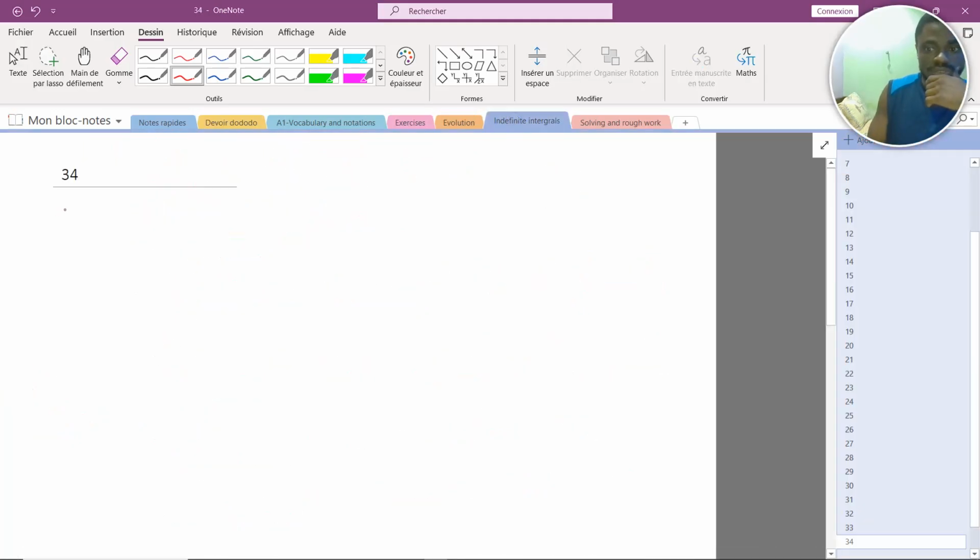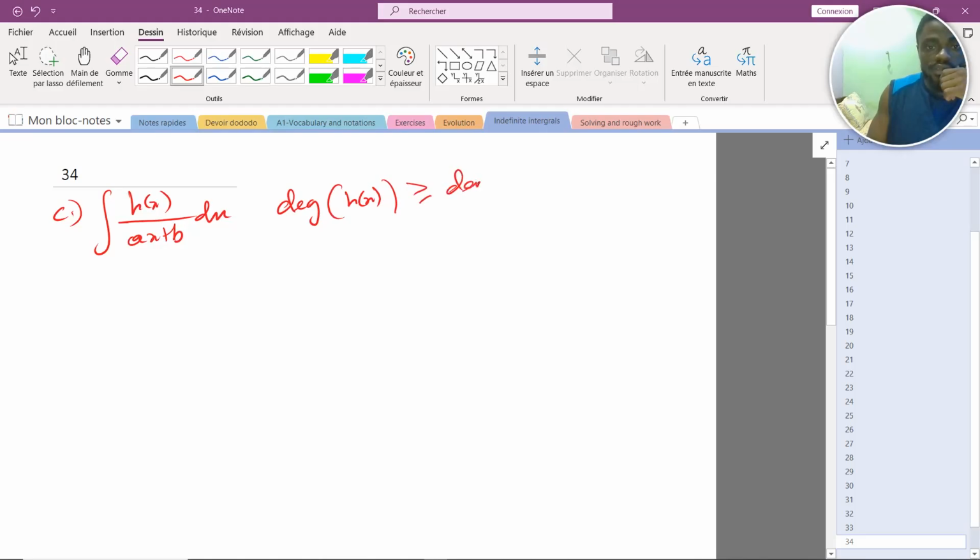So the C: we are to find how to integrate h(x) over (ax + b) dx, where the degree of h(x) is greater than or equal to the degree of (ax + b). The first thing you should note here is this is a polynomial. Be very careful.